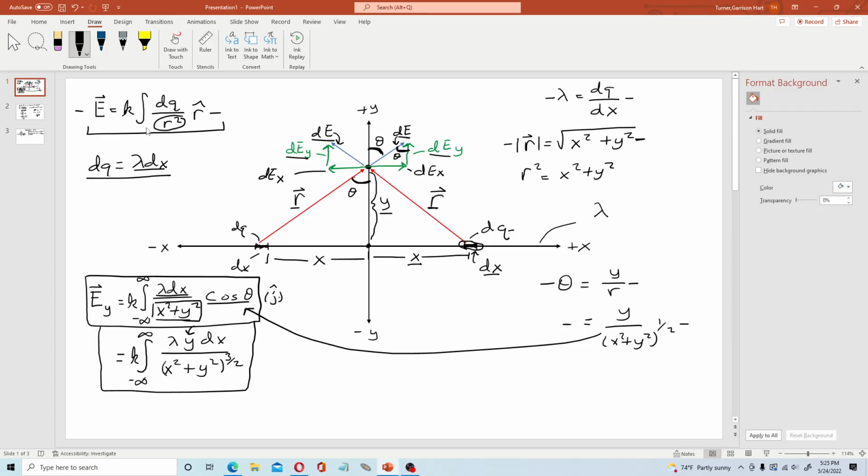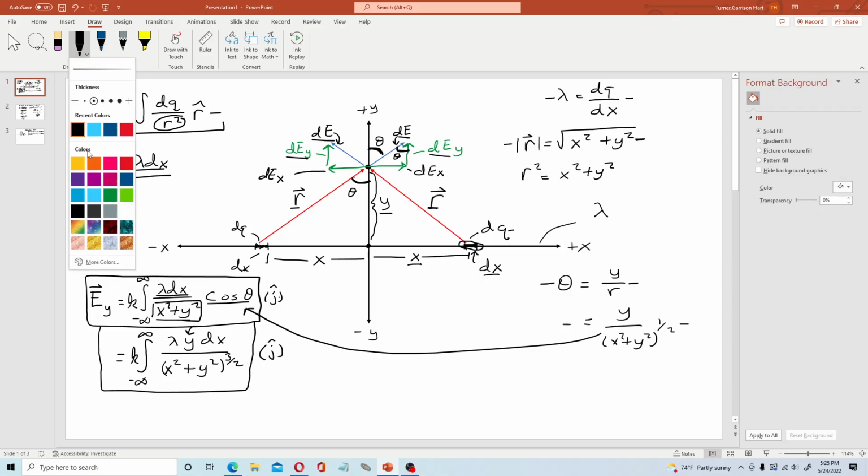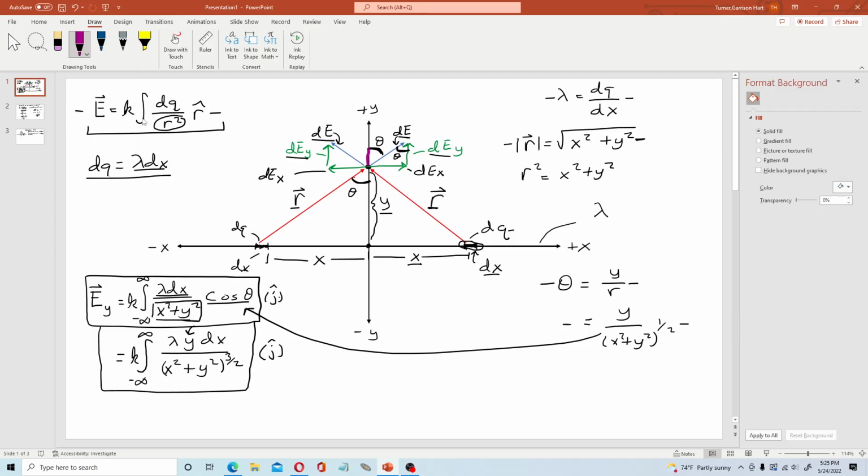And so, once again, inserting our unit vector. So what this means is that my net field, what color should I use? Let's use this. My net field will be up along that direction.